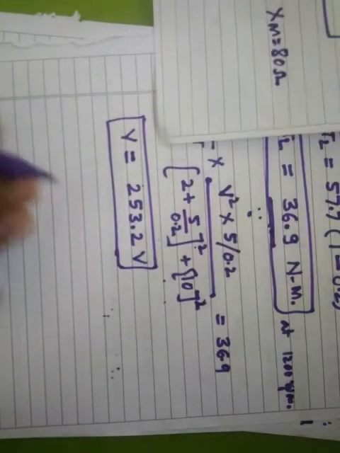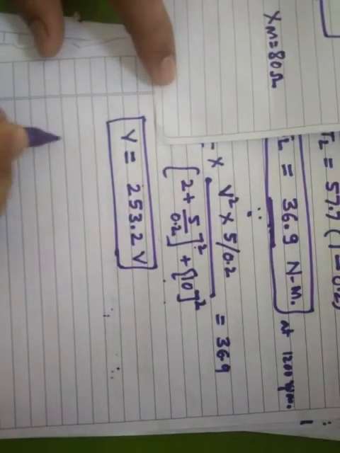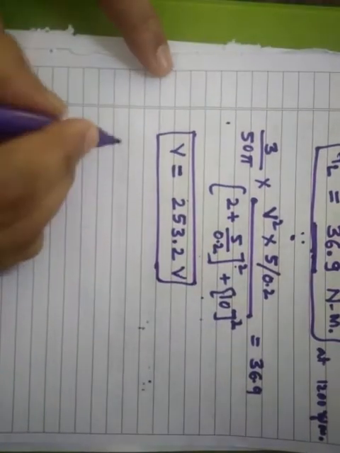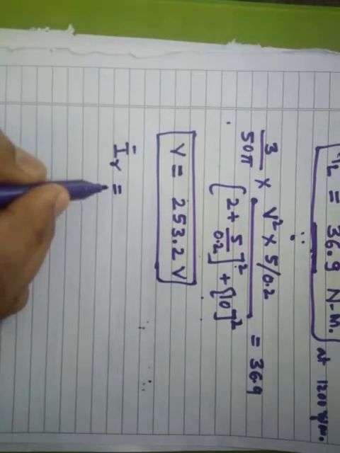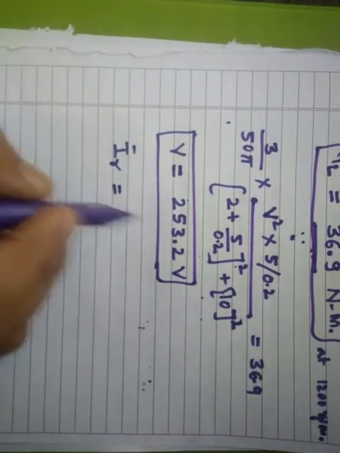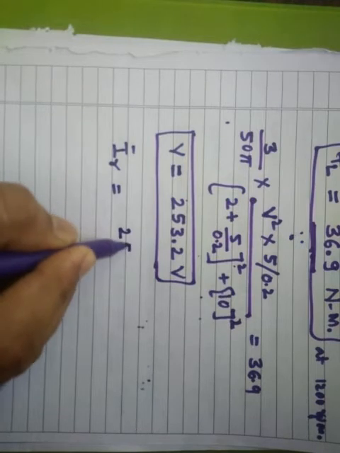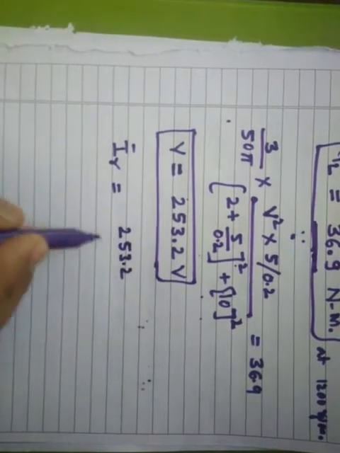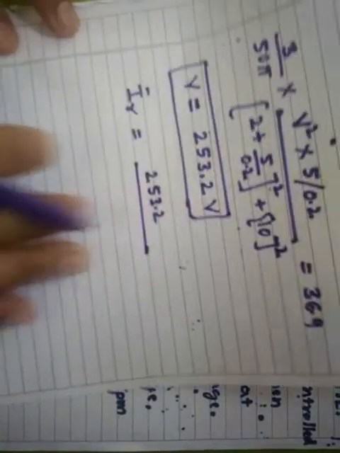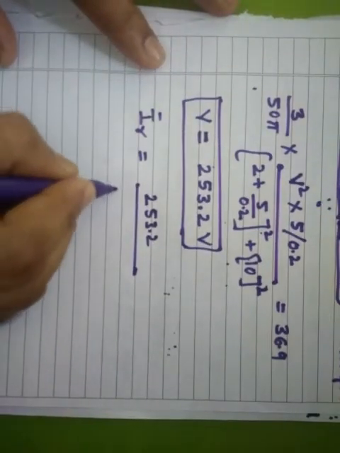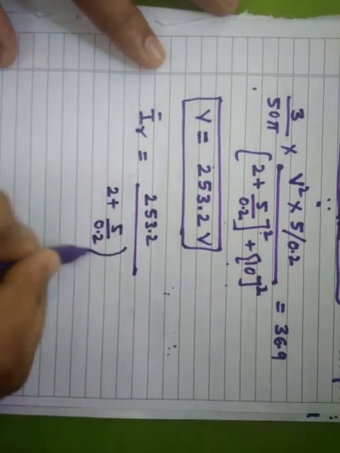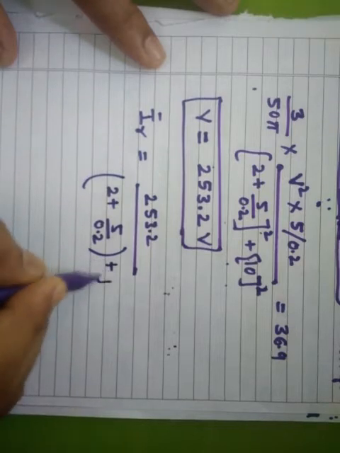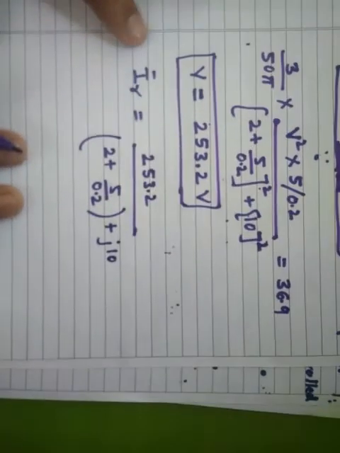First I will find the rotor current. Rotor current is equal to, substituting the voltage I just calculated, 253.2 divided by 2 plus 5 divided by 0.2, the reactance.